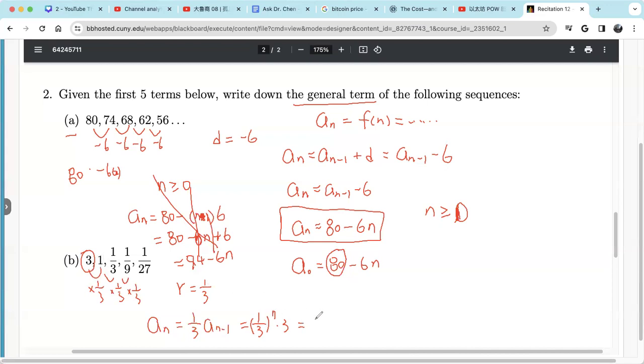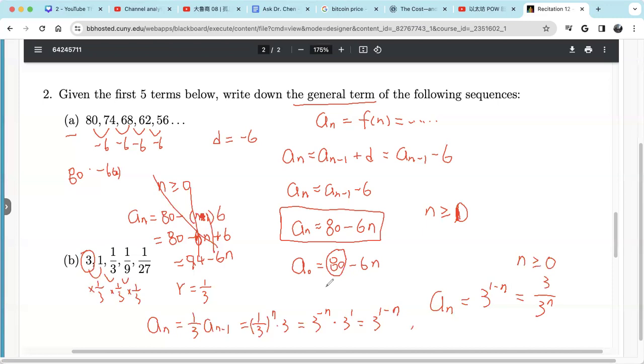So we can rewrite this. 1 over 3 raised to n can be written as 3 raised to negative n, times 3, or 3 raised to 1. So we can write this as 3 raised to 1 minus n. That's our general term: an equals 3 raised to 1 minus n, or 3 divided by 3 raised to n. And we also need to define that n starts from 0.